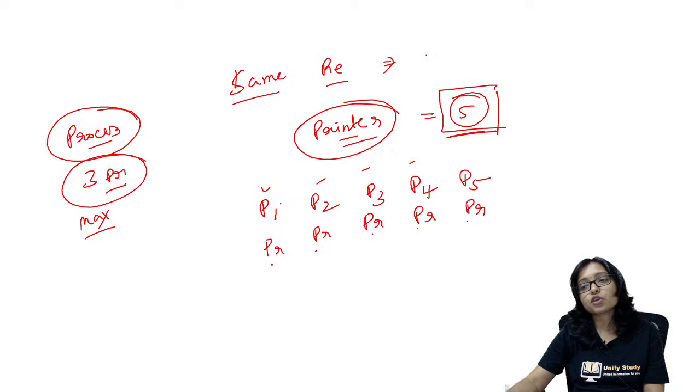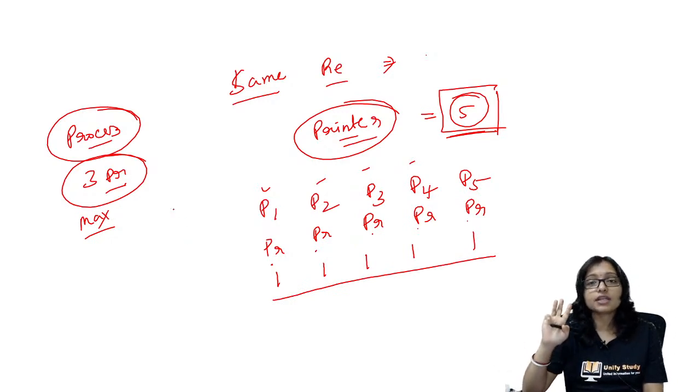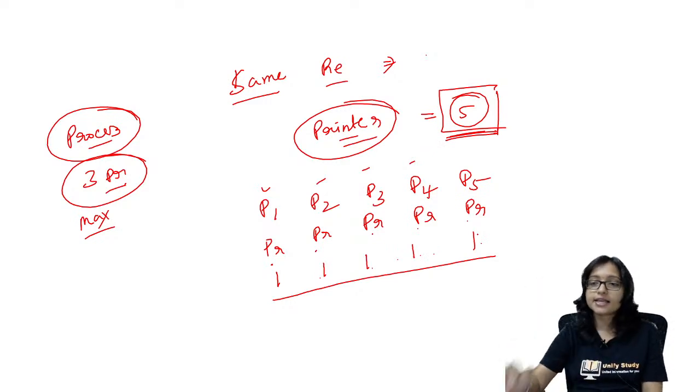Is it possible that anyone can execute in this situation? I am giving 1, 1, 1, 1, 1. At a time I need 3 printers, then only I can execute my process. But I have only 5 printers, and I am giving everyone 1. Is it possible that anyone executes?